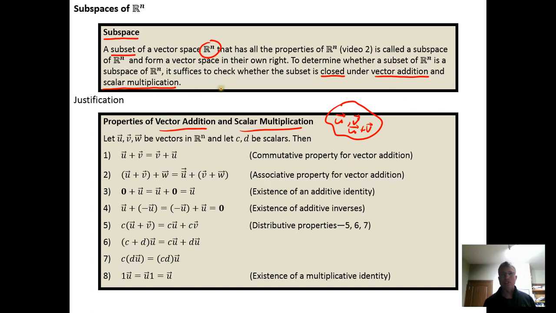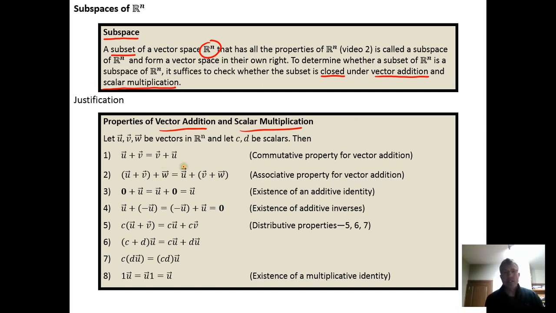And closure under scalar multiplication would just say, hey, if you pick any scalar c and multiply c times the vector u, if u is in the set, then we're guaranteed cu is in the subset and cv is in the subset. So that's what closure means. Hey, when I take two things from the subset that I'm working with, the sum of those two things is also in the subset, and any scalar multiple of something in the set is also in the subset.